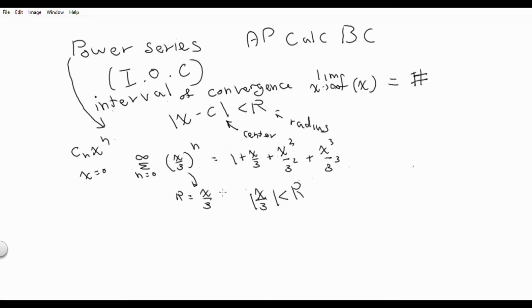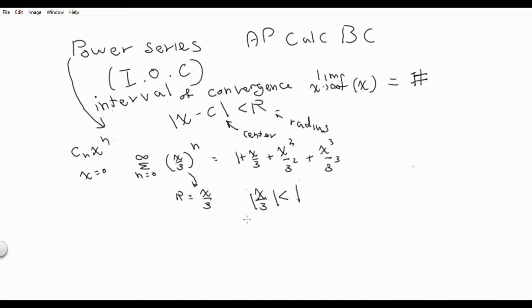And the one thing we know about r is that the very first value, which is 1, is the same thing. Radius is something I wouldn't term it as, but my teachers taught me that it was radius, so I'm not sure exactly why, but just follow along. So the absolute value of x over 3 is less than 1.